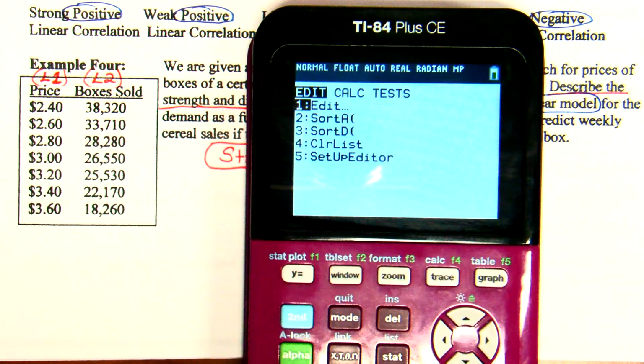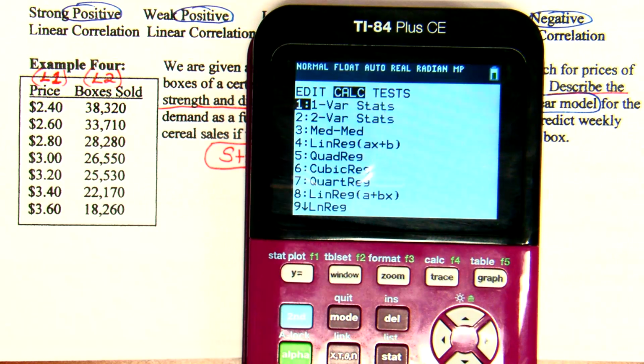So I'm going to write down some information here. First of all, over to the side, I'm going to write down the steps we just took. So I went into the stat menu, and I arrowed over to calc. Then I went down to number 4, which is linear regression, ax plus b.